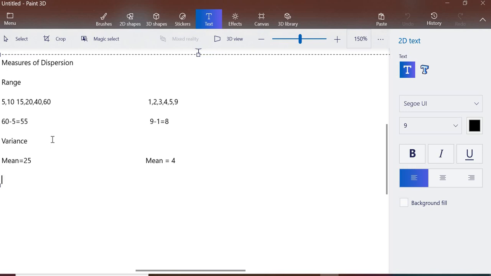Now, for the variance, how can we find it out? As the formula says, it is the squared distance of each and every unit from the mean.